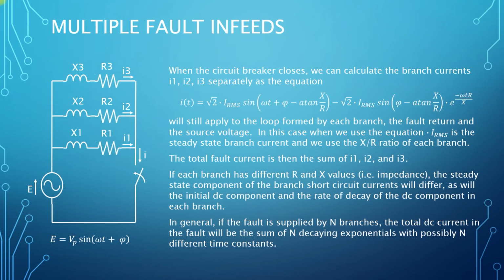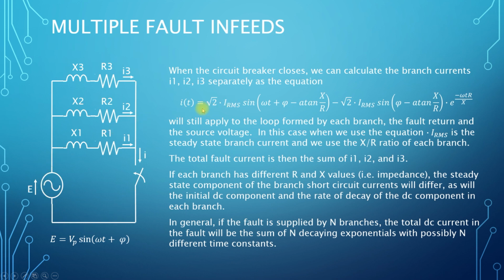Now let's suppose we have a more complex network, and now instead of having a single branch supplying the fault, we have 3 branches. So these branches all have different R and X values, but when we close the switch, we have a loop through each branch back to the EMF.